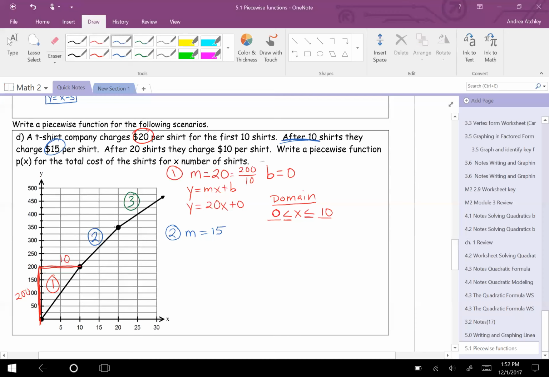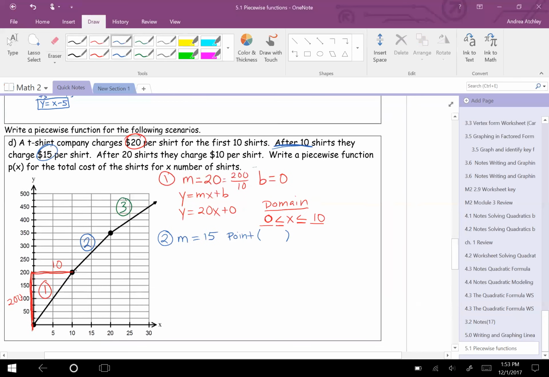Can I see the y-intercept? No, I don't see where it's crossing. So I need a point. So I'm going to use that beginning point here that I started with of 10 and then 200.